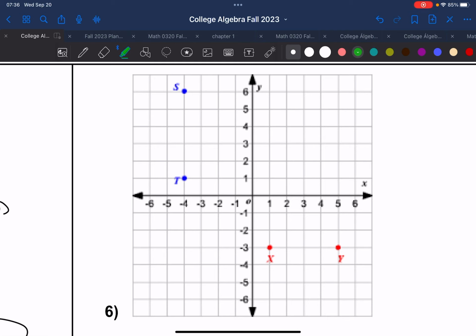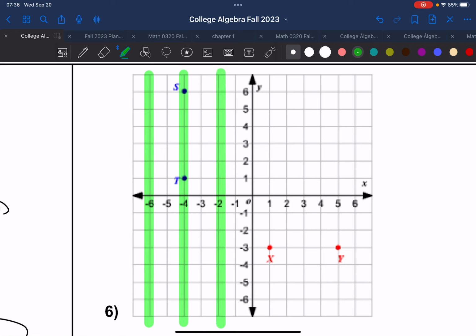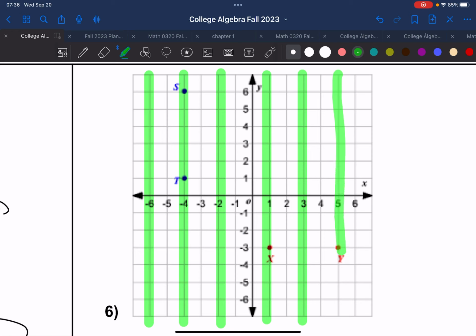And since this is not a physical graph that has the dots connected, I'm going to have to draw even more vertical lines. I'm going to draw a whole bunch just for this example. And I'm just making sure I'm at least crossing through the points.